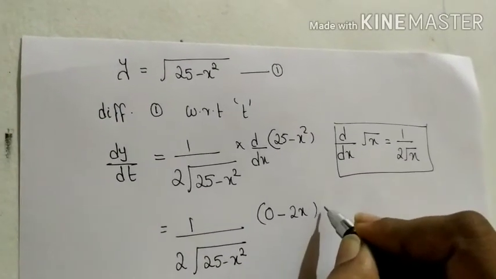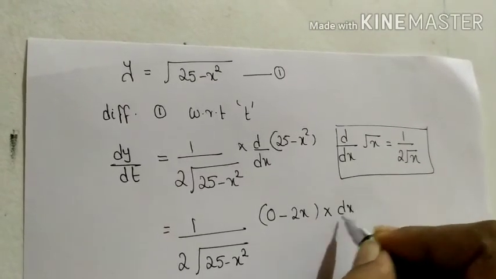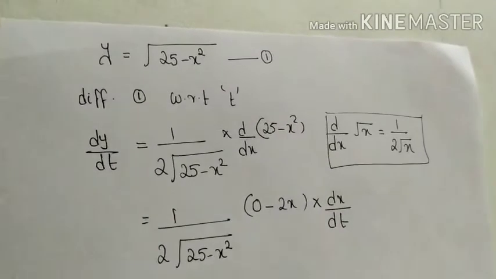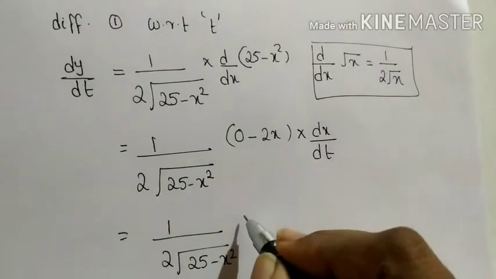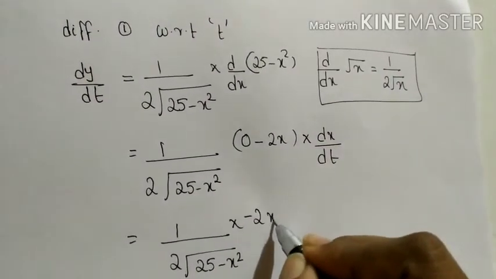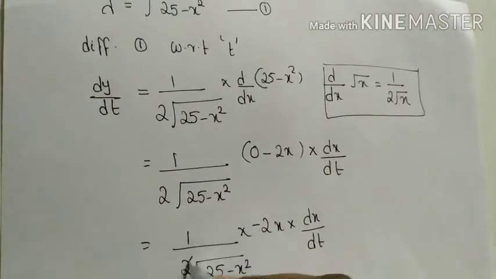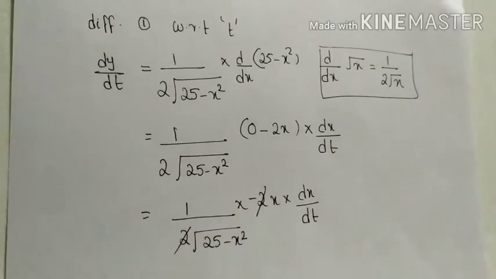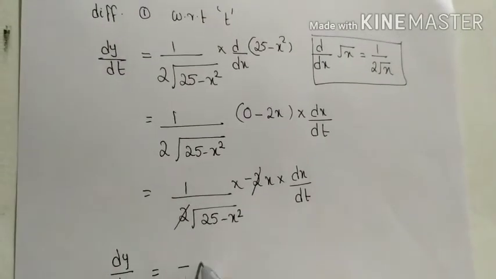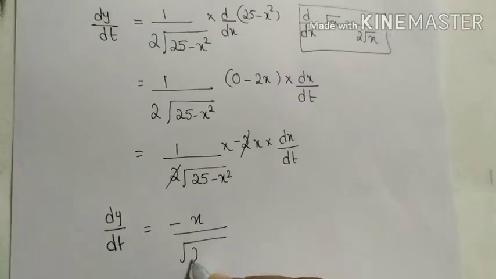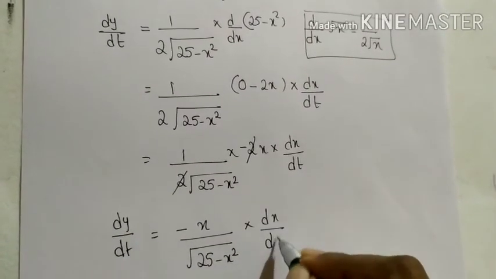So we need to write the derivative of x here, dx by dt. Okay, which will be further equal to 1 by 2 root 25 minus x square into minus 2x into dx by dt. And these two will cancel each other, and we get our dy by dt as minus x divided by root of 25 minus x square into dx by dt.